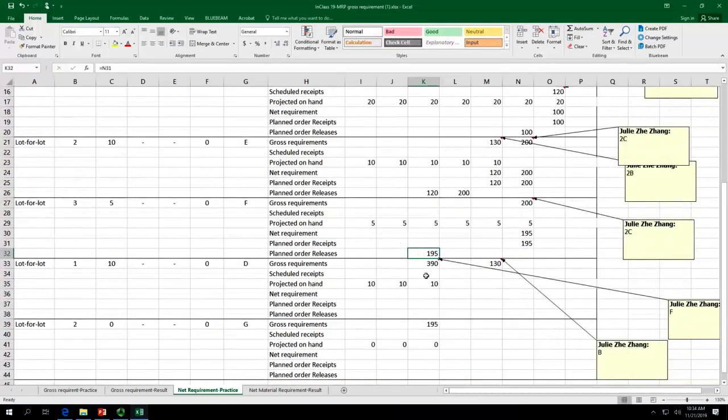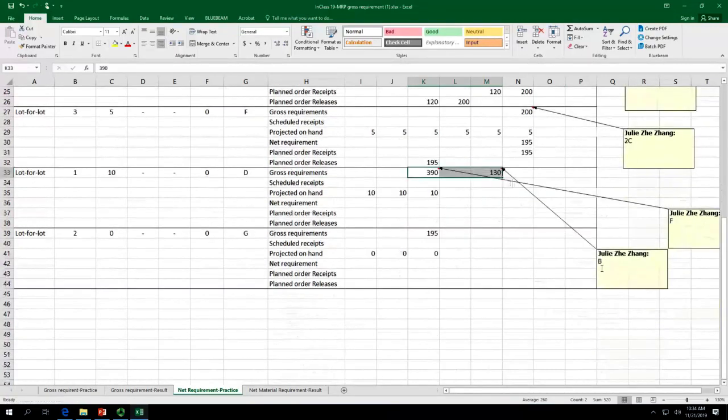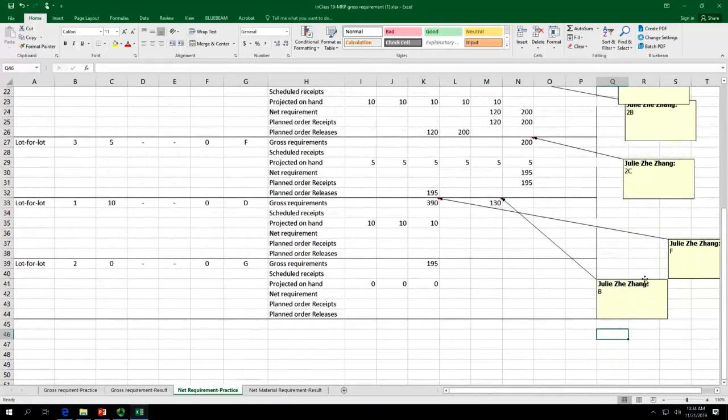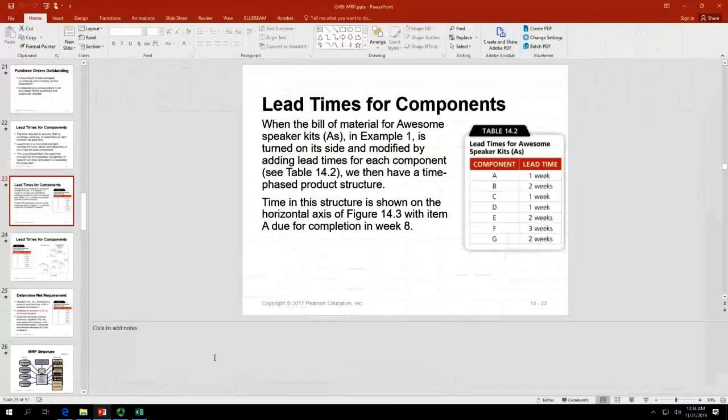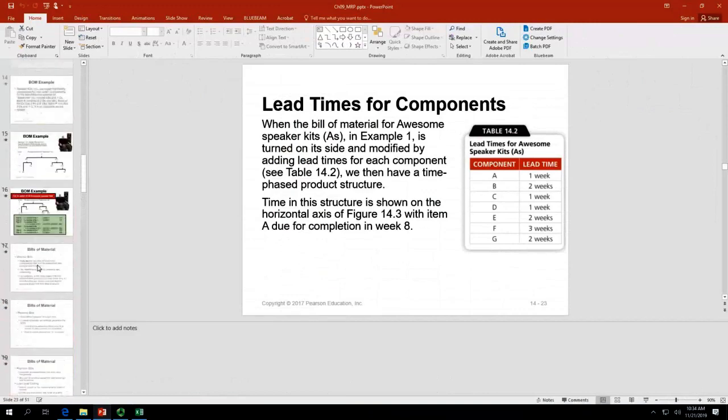The next level is D level. So these two numbers are associated with B and F. Look at the structure over here.